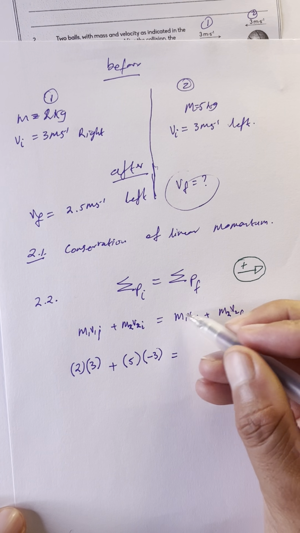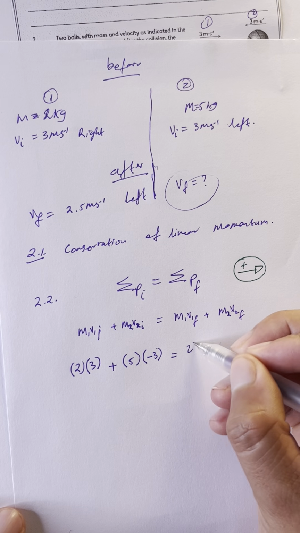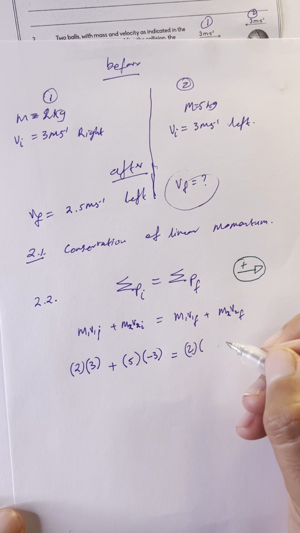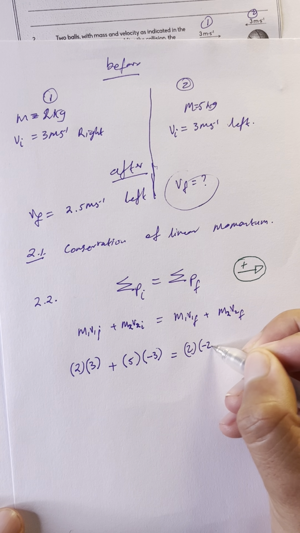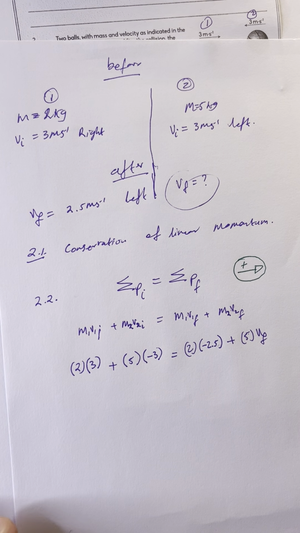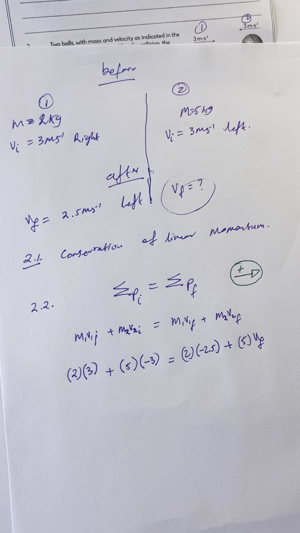Equals momentum of ball number 1 final, which is 2 times, now the final velocity of object number 1 is to the left, so it's negative 2.5, plus 5, and the final velocity we don't know, we leave it as VF. Do not choose the direction for an unknown because you don't know where it will be going. You cannot assume that it will be moving to the right. Even if you are sure that it will be moving to the right, you don't choose direction.